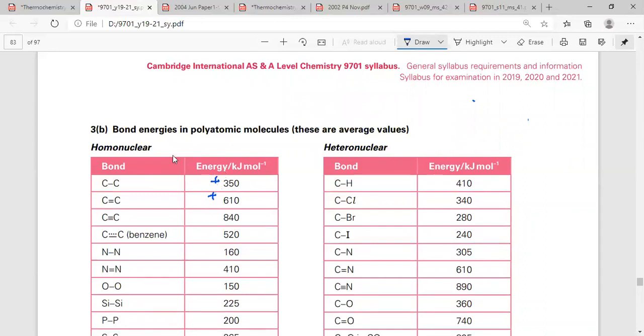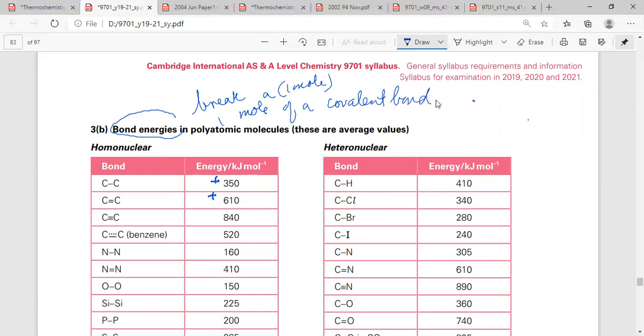So for bond energy, there's heat required to break 1 mole of a covalent bond. In this case, I'm breaking my H and my H here.